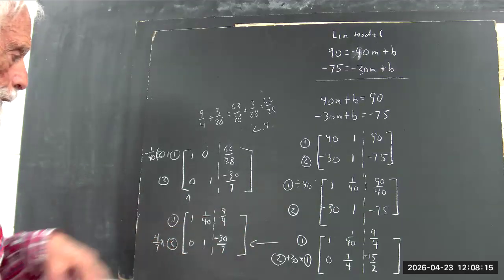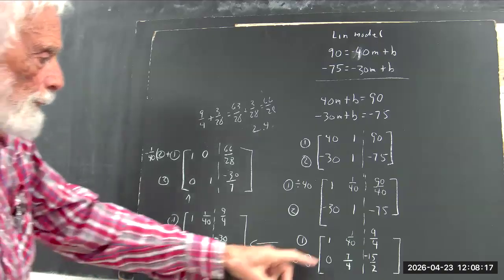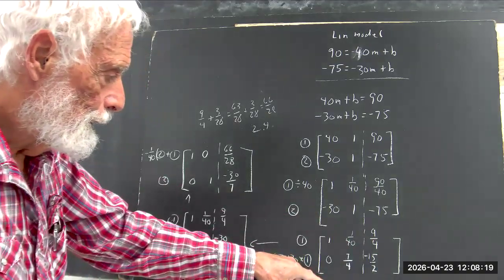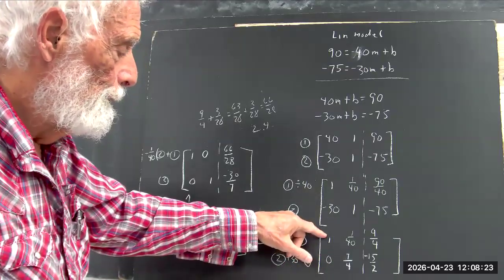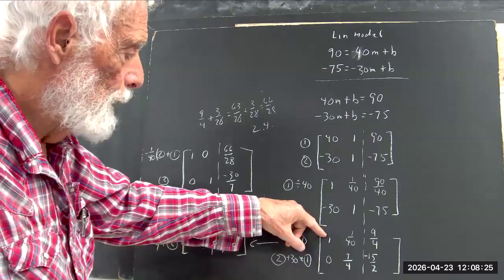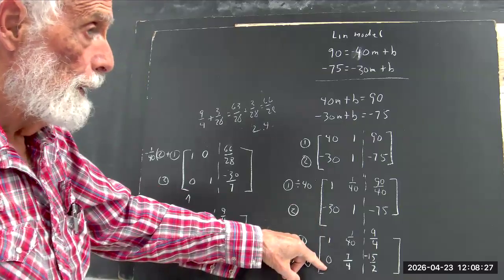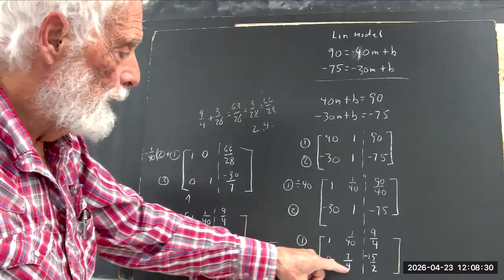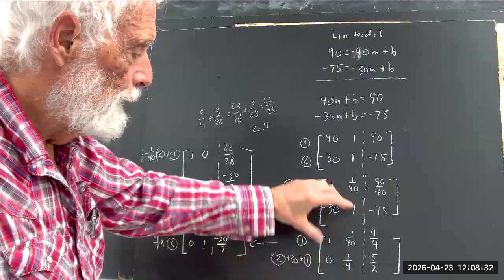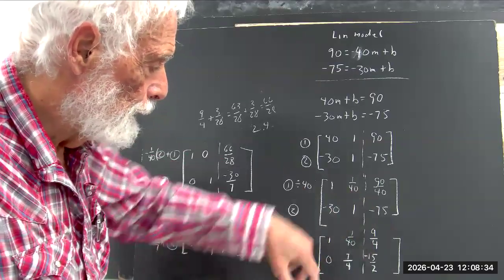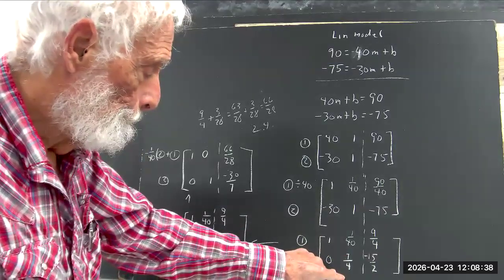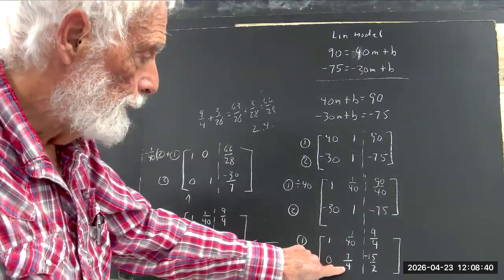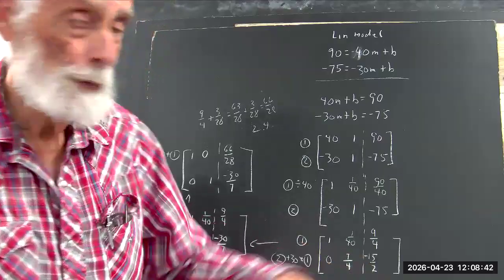Okay, now we come over here. We look at our third augmented matrix. We got a 1 at the upper left. We got a 0 below that. Then in the lower right of the 2x2 matrix, to the left of our dotted line, we have 7/4. We want 1 there. Because if we've got 1 there, that tells us what b equals, right?